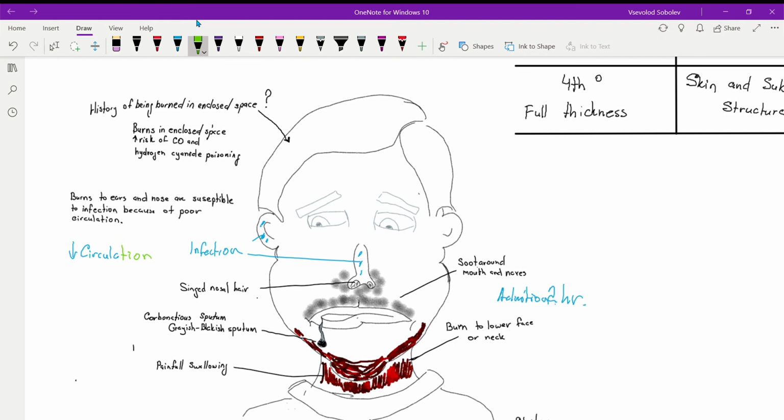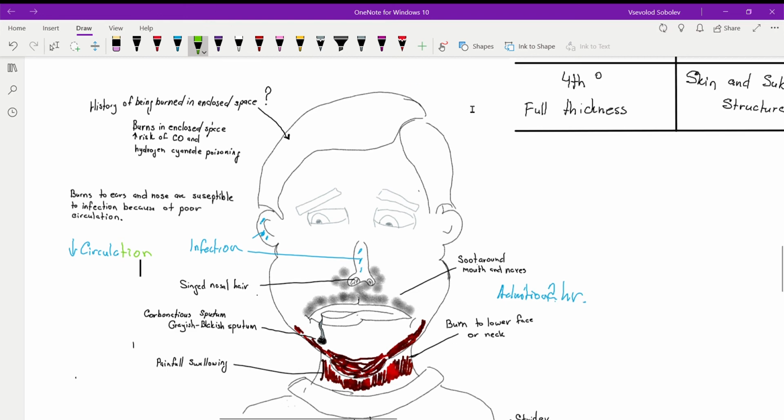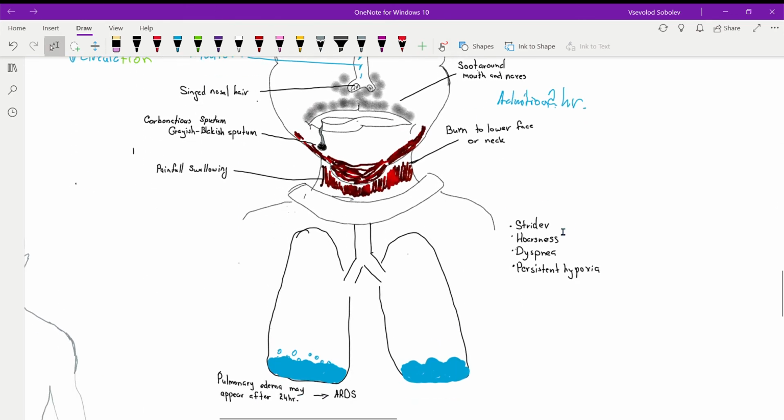So also ask them the questions. Were you in an enclosed space? Were you inhaling carbon monoxide? Signs of lower airway obstruction, lower airway damage, would be stridor, hoarseness, dyspnea, and persistent hypoxia. If they have stridor, you can hear the gurgling.